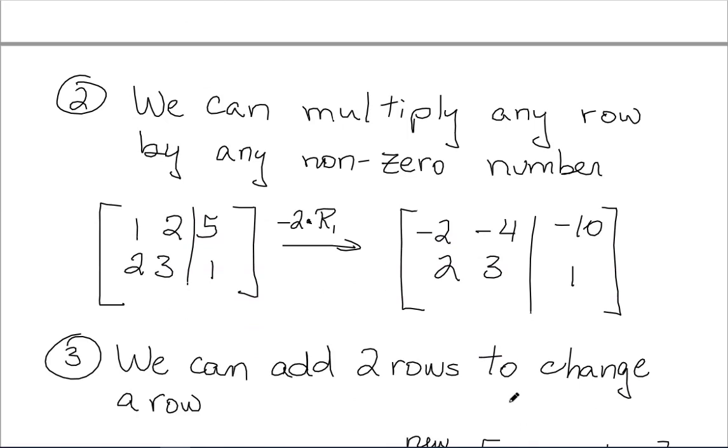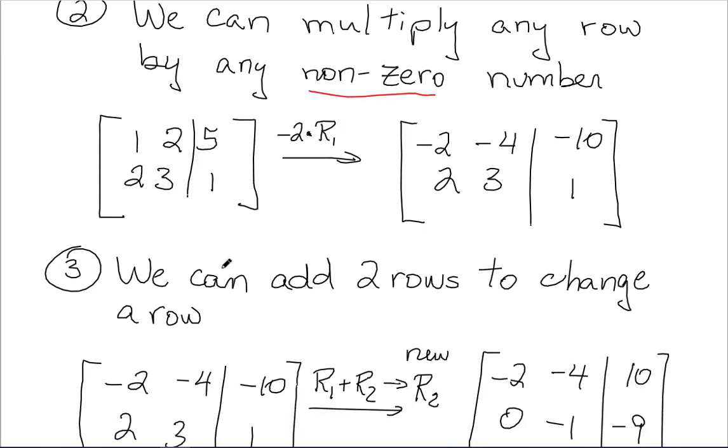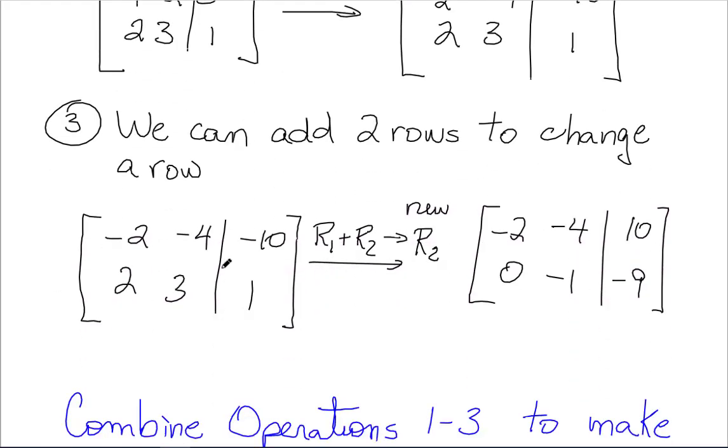The second thing I can do is, if I want, I can multiply any row that I like by any non-zero number. So I'm going to take row 1 and multiply everything by minus 2. All right, so minus 2, minus 4, minus 10. And I can also add two rows together.